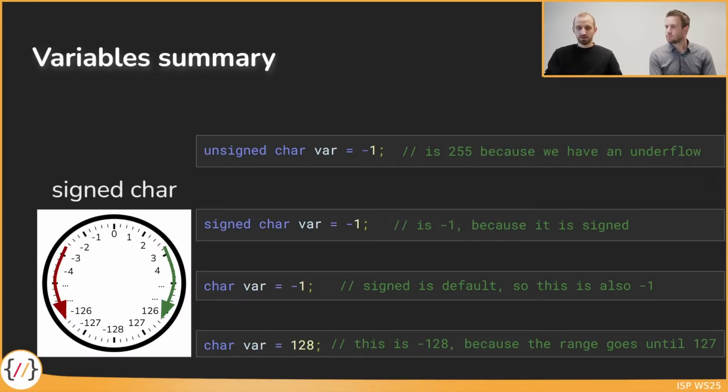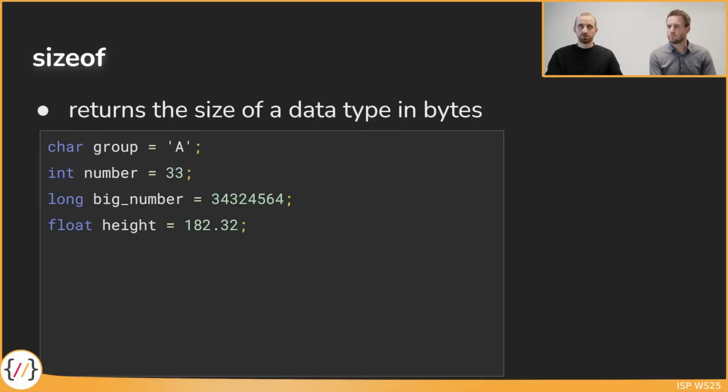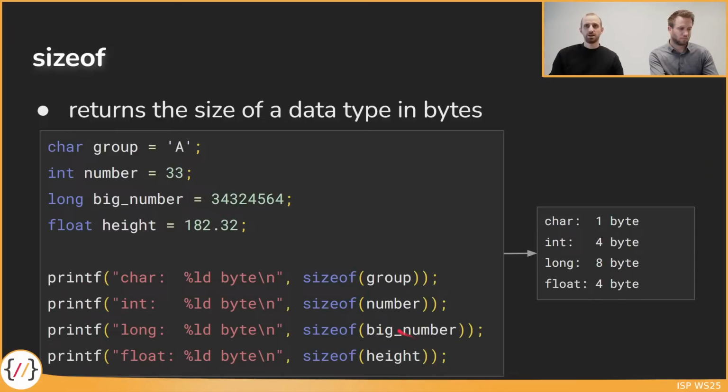Okay, there is one keyword in C that returns the size of data types. So when we have here again our character A or an integer or a long or a float, and then we print this using sizeof of my group variable, my number variable, my big number, and my height variable, it returns that the size of the character is 1 byte, int is 4 bytes, long is 8 bytes, and float is 4 bytes.